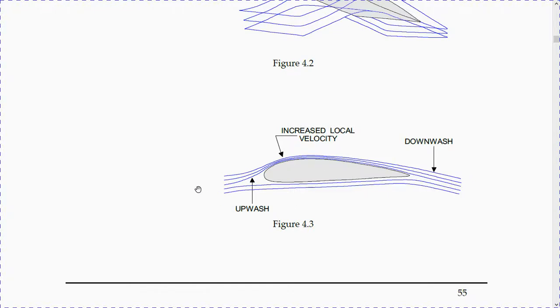You can see here the upwash, so air bends even before. Increased local velocity: these are streamlines, particles of air that could not cross each other. So if this is going up, this is going up, it follows and accelerates here and then decelerates. As we can see, it's flowing down again.